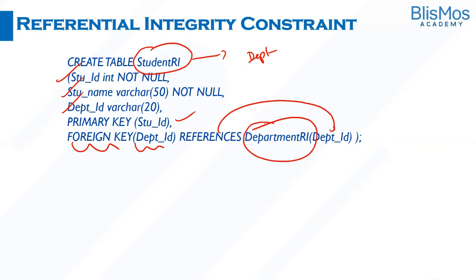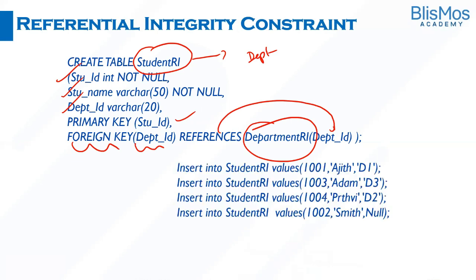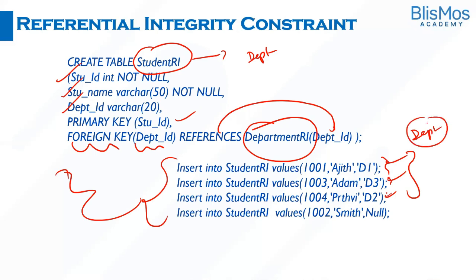Then how is referential integrity maintained here? When you insert these records, they get successfully inserted into the student table, because D1, D3, and D2 are there as a part of the department table. And one more important thing is, even a record with a null value also gets inserted here.